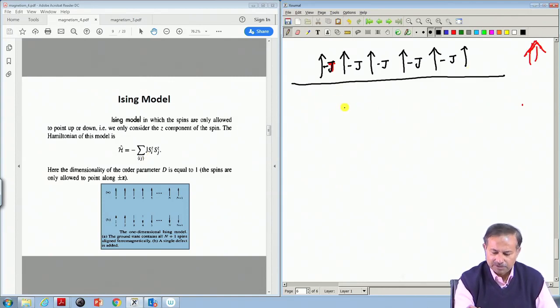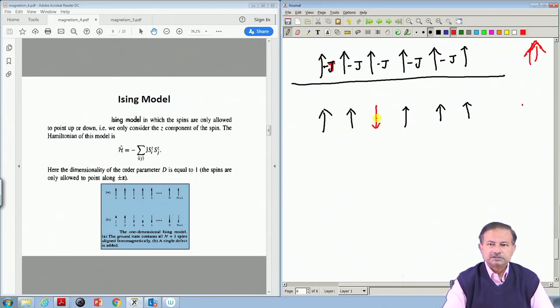Now, I want to create the first excited state out of this, and what one most often does is take a spin and just turn it around and make this state.